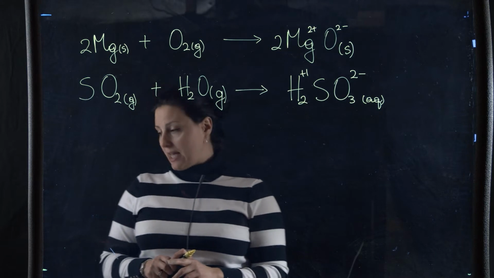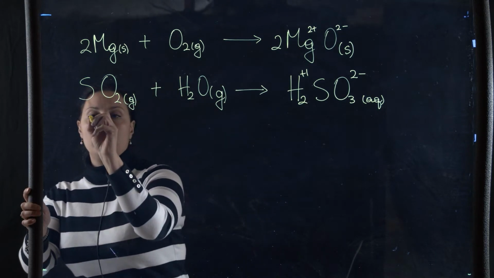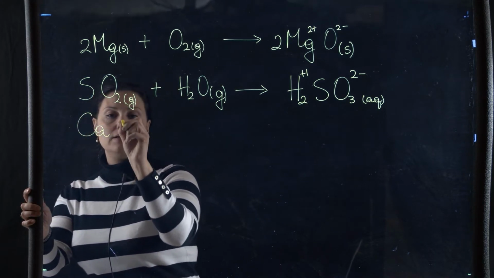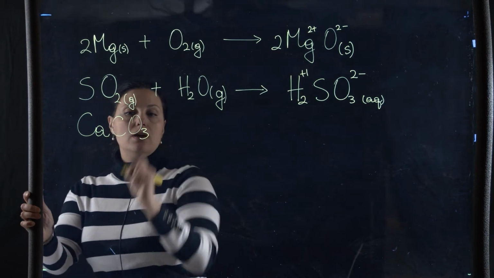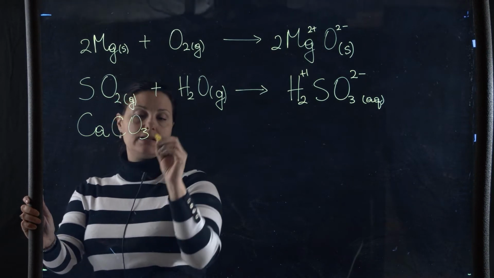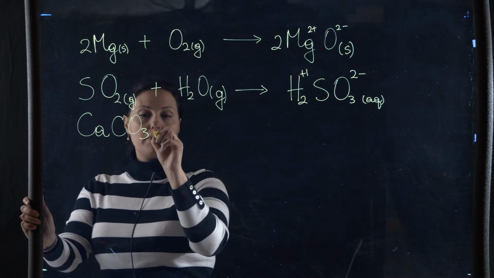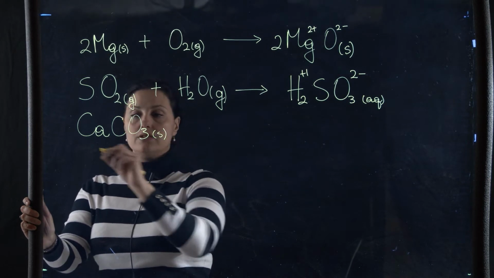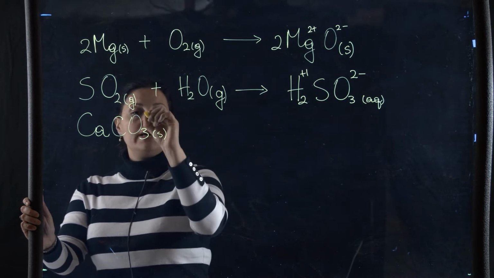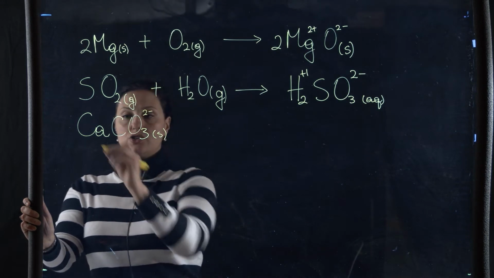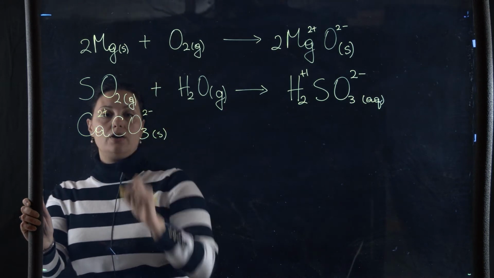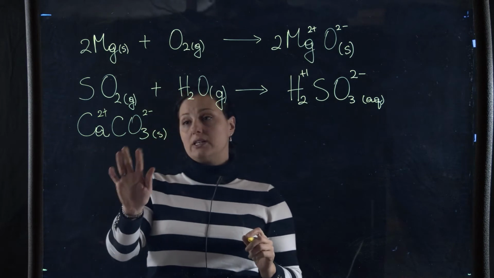I have solid calcium carbonate. Remember that carbonate is a polyatomic ion, and it's a solid. Carbonate is a 2- charge. Calcium is a 2+ charge. As it is written, it's already neutral.